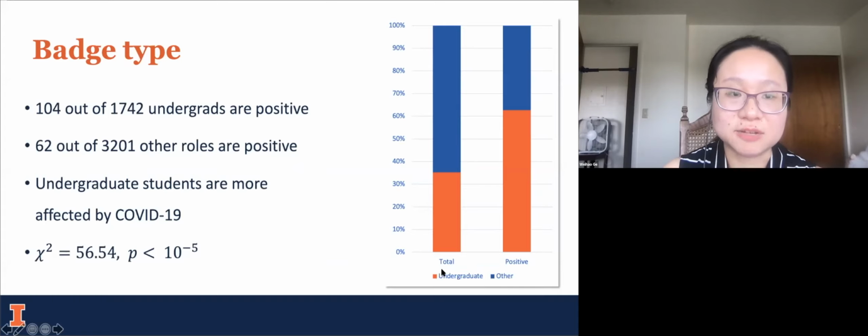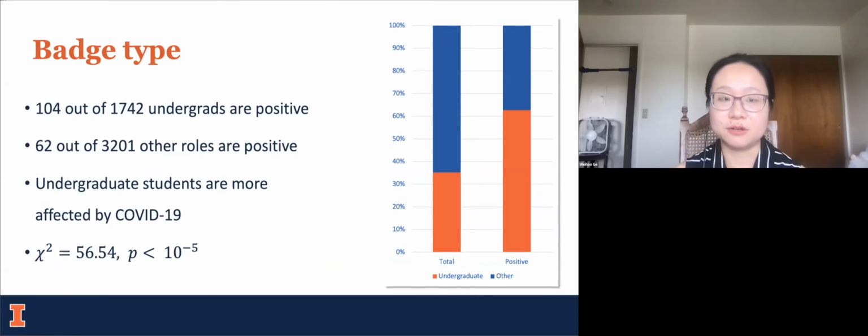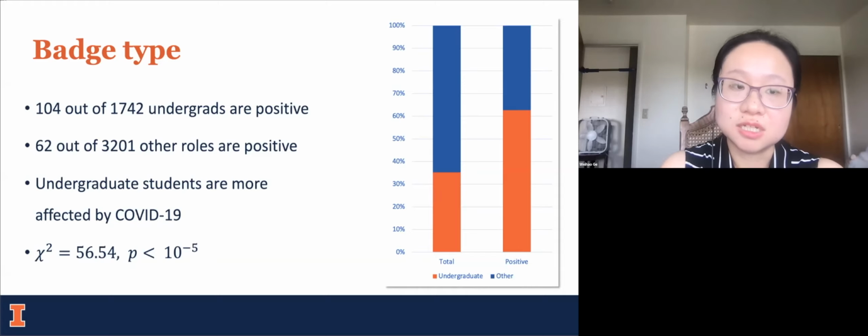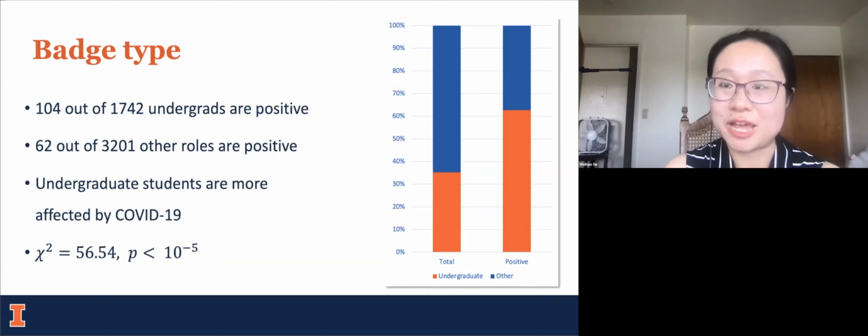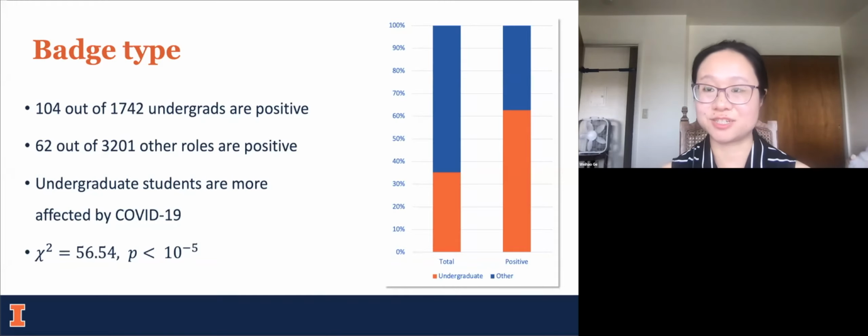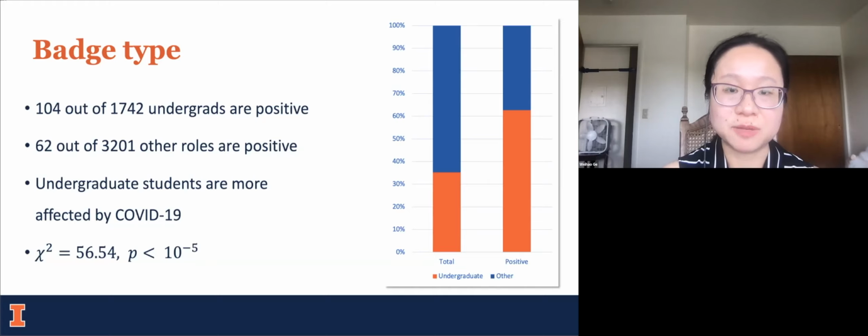And we also look at the batch type. For the batch type, we analyzed the positive numbers, and we found that the positive numbers outside the undergrads are too few, so we have to merge them for the analysis. We identified that 104 out of the 1,742 undergrads who provided the research consent are positive, while for the other people we have 62 people, and we found that undergraduate students are significantly more affected by COVID-19.